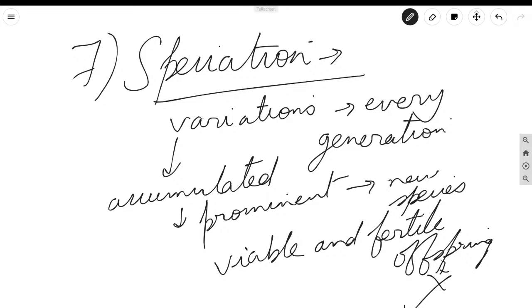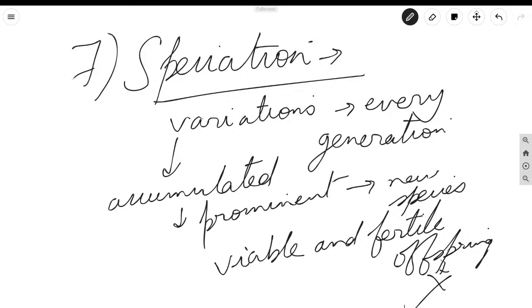Now you can have three ways of natural selection. One would be directional natural selection, one would be stabilizing natural selection, one would be disruptive natural selection, and then comes genetic drift.